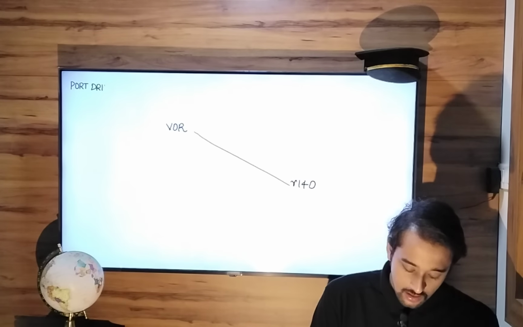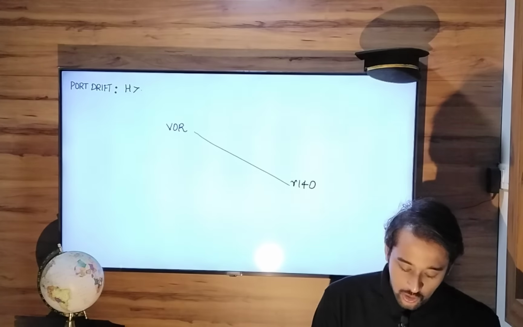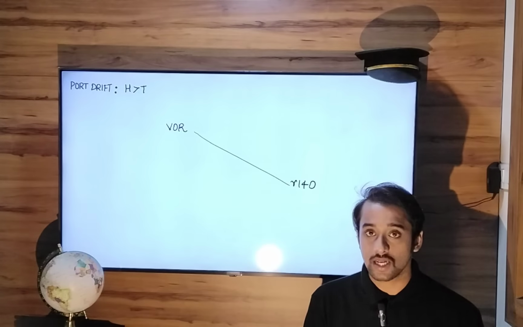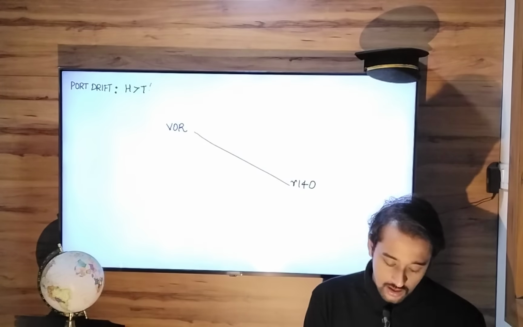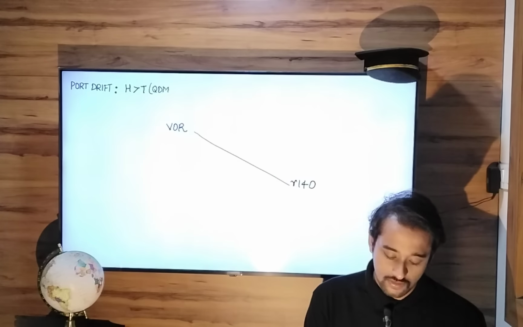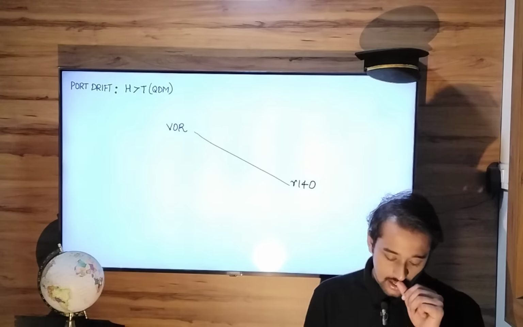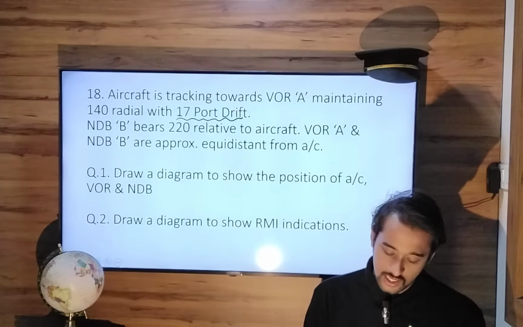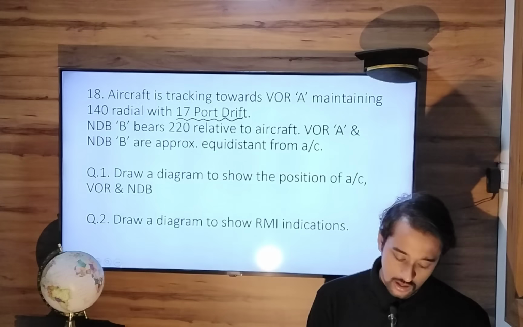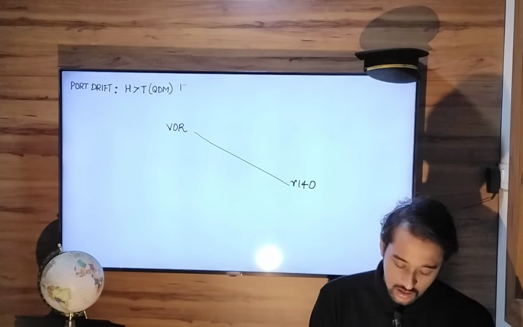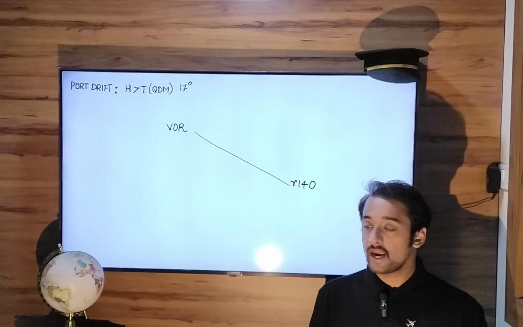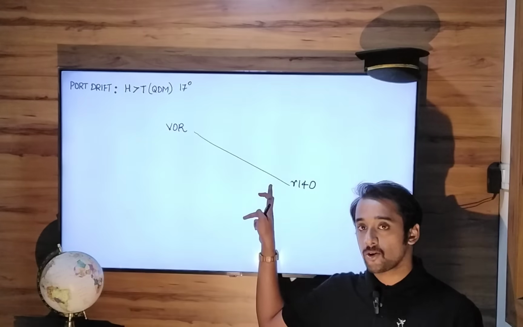implies that your heading of aircraft will be more than the track. Okay, track, that is QDM, track to the station. Now in this case, we are tracking towards the station, so it is talking about QDM. So 17 degrees is the value. Now radial 140 takes you away from the VOR.